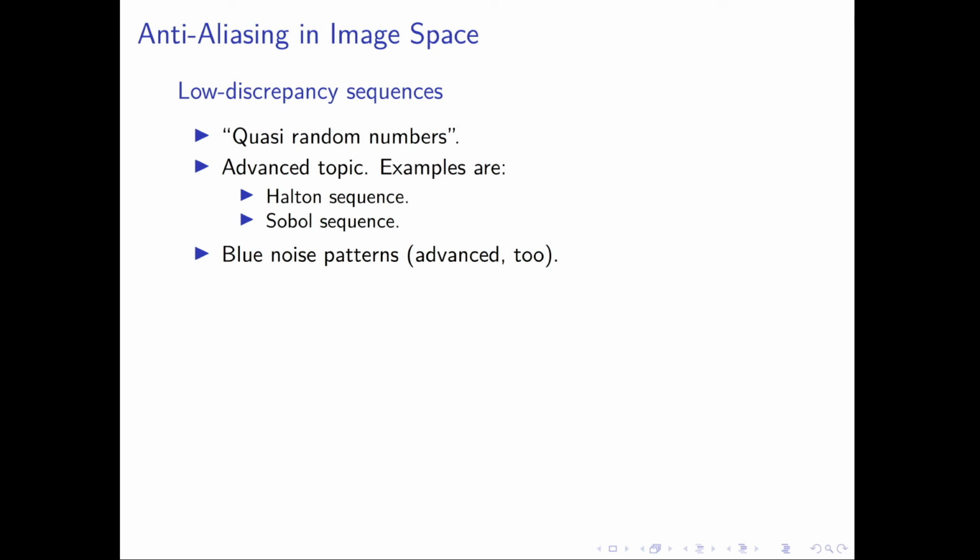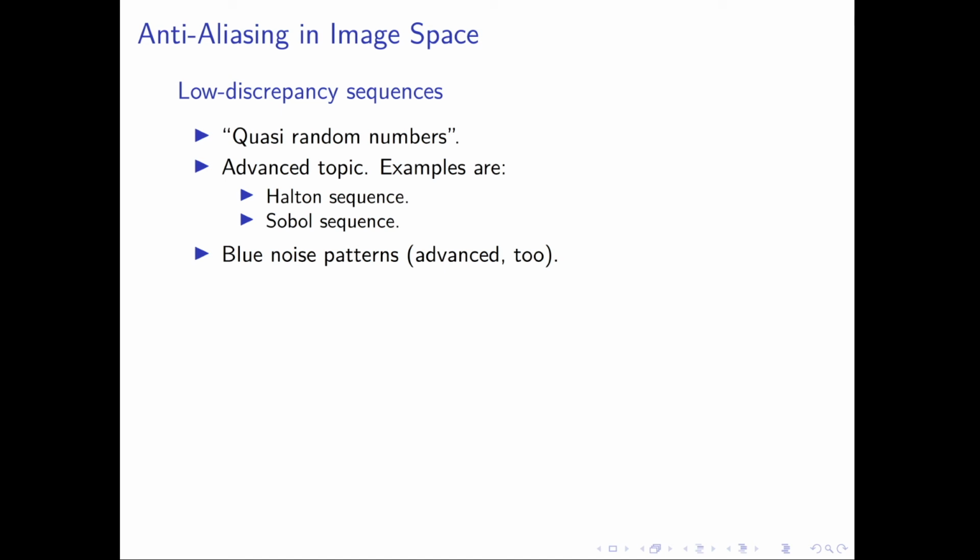This is actually a very advanced topic, so I'm just dropping a few buzzwords here, which are basically pointers that you can follow if you're interested. What those quasi-random numbers have in common is that they follow a uniform construction pattern, but they kind of look random, right? They look as if they're a random sequence, while in reality they aren't, and they follow a uniform distribution pattern, but still they also minimize the discrepancy.